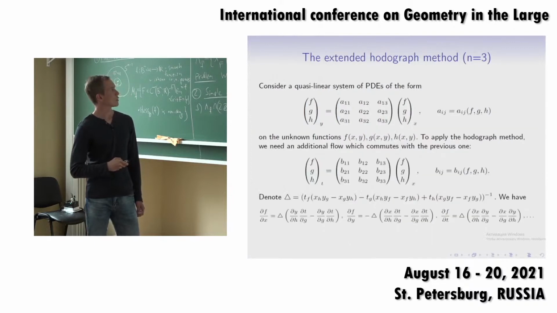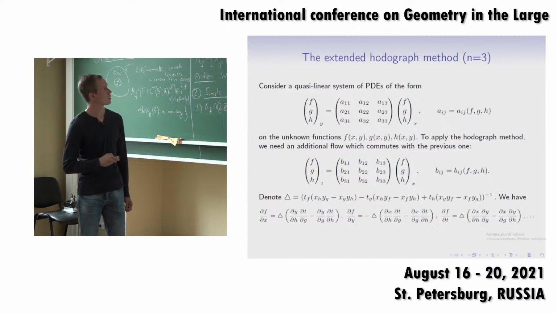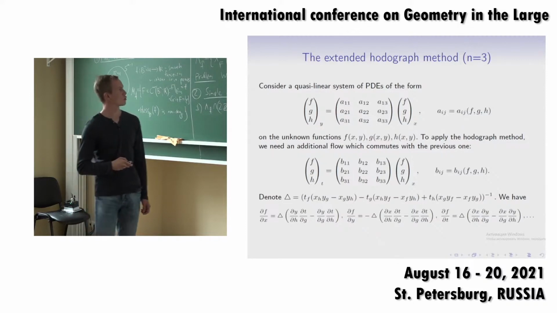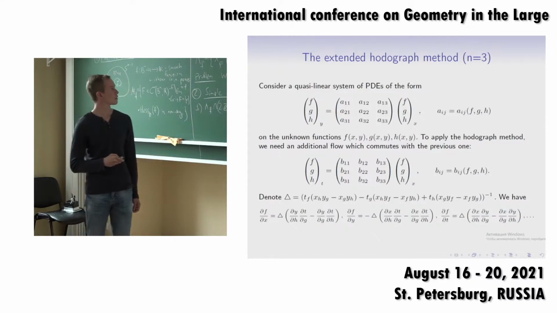Of course, it can be generalized to the case when we have more unknown functions. For example, the extended hodograph method deals with such a system, and to apply it, we need to construct an additional flow of such a form, and of course, these two flows must commute.